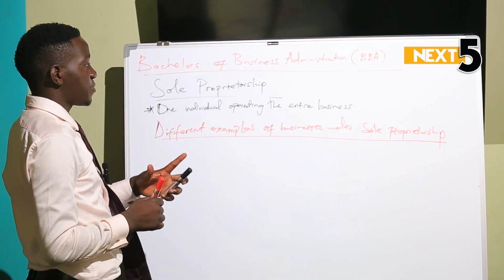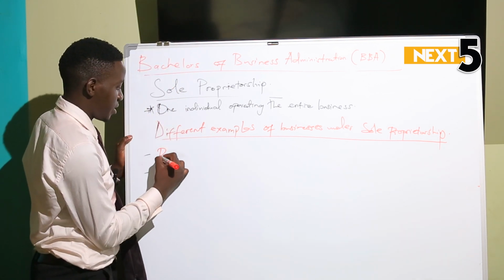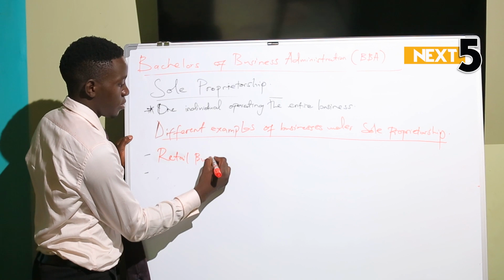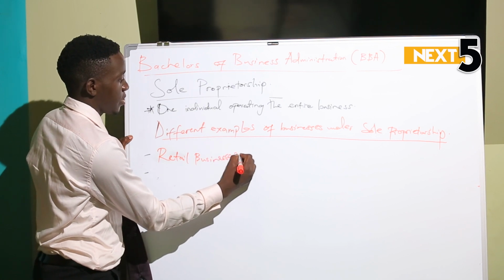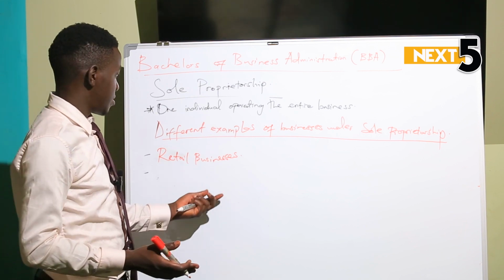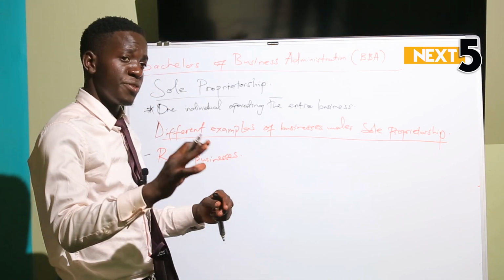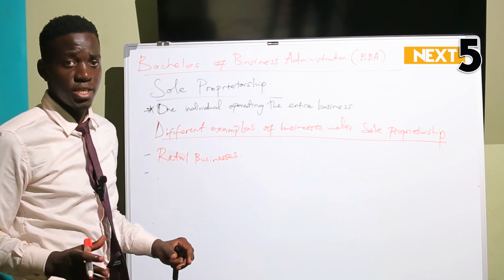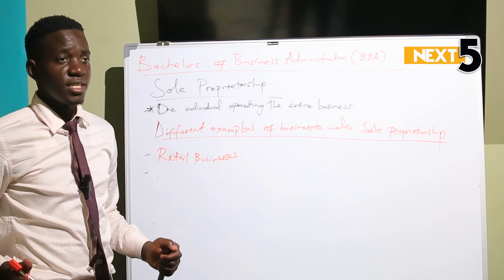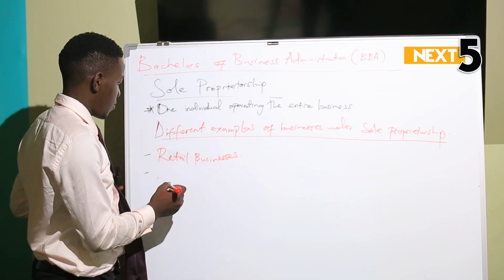So when you have the different types of businesses under sole proprietorship, we have the retail businesses. So you find that this is a big example under different types of sole proprietorship, that are the many retail businesses that are always created. We find that they are always created by one individual having less capital, and it is so easy to create them out.